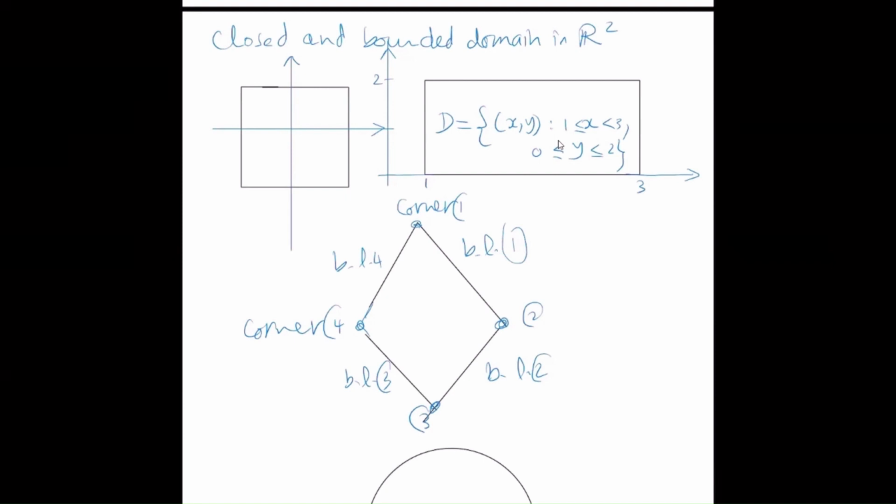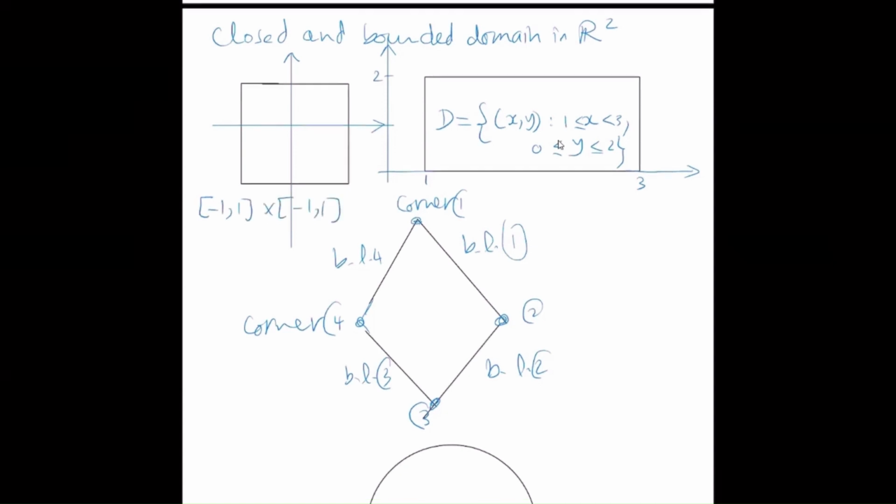He will give you the description of the domain. Here, for example, this is from negative 1 to 1 cross negative 1 to 1. It may be written this way or that way. This can be described again in set theoretic notation, (x, y) such that x from negative 1 to 1, y from negative 1 to 1.